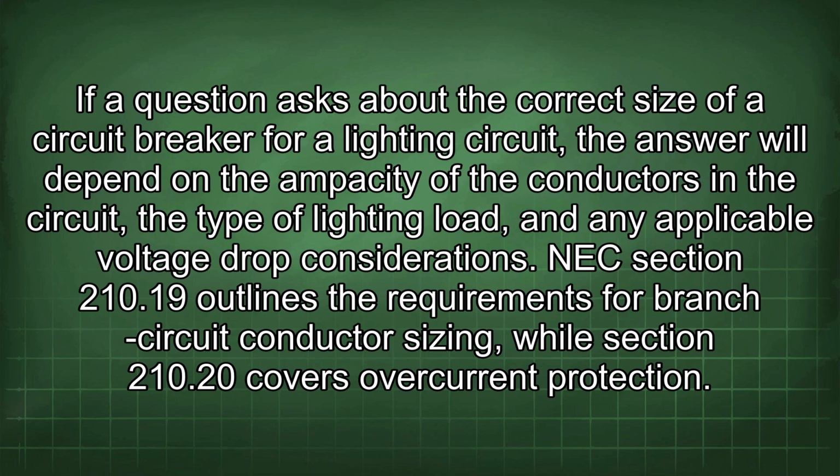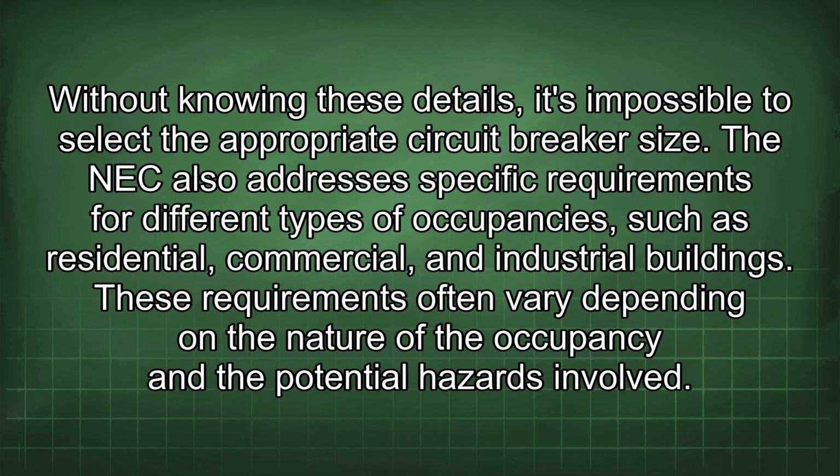If a question asks about the correct size of a circuit breaker for a lighting circuit, the answer will depend on the ampacity of the conductors in the circuit, the type of lighting load, and any applicable voltage drop considerations. NEC section 210.19 outlines the requirements for branch circuit conductor sizing, while section 210.20 covers overcurrent protection. Without knowing these details, it's impossible to select the appropriate circuit breaker size.